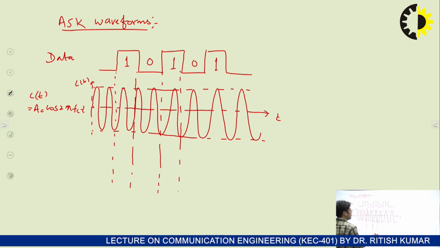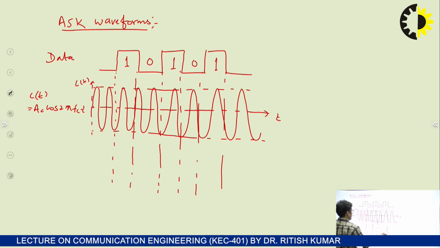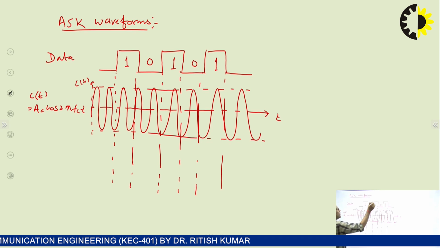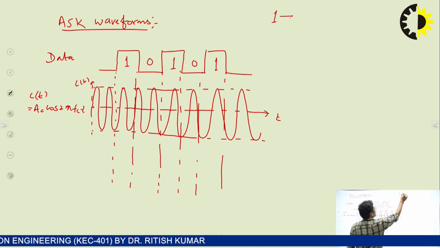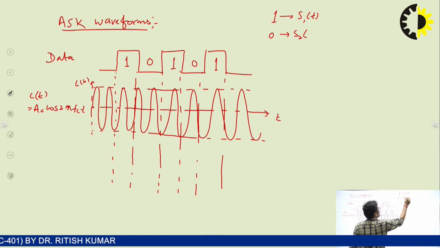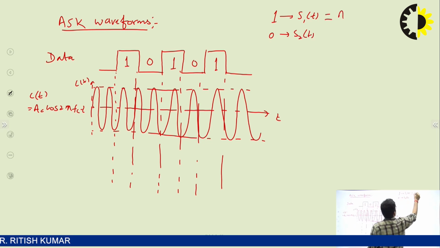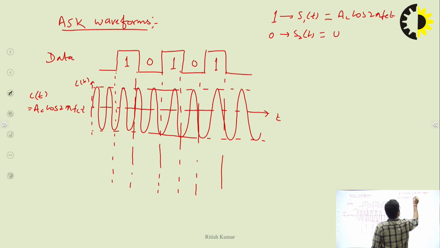So we can say 1 is represented by S1T, 0 is represented by S2T. S1T is equal to AC cos 2 pi FCT, and S2T is 0.